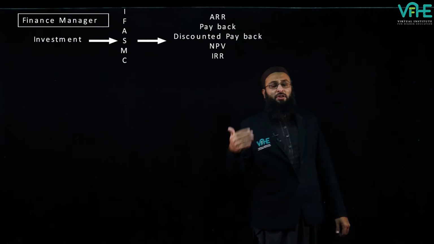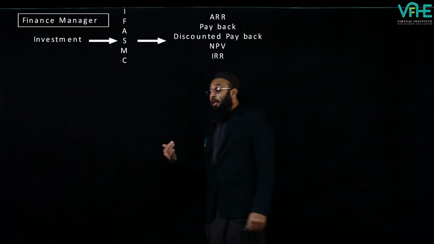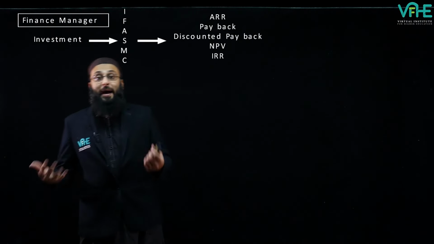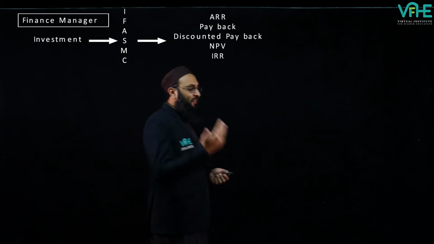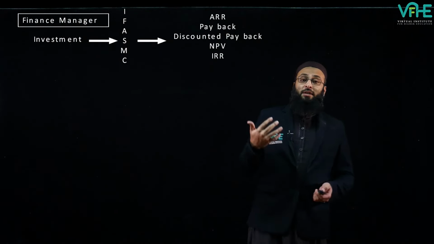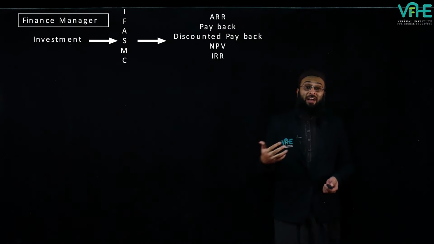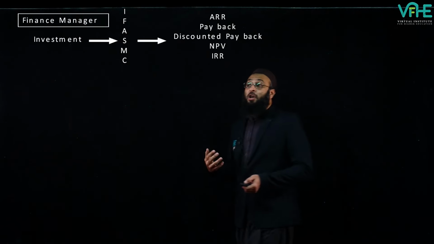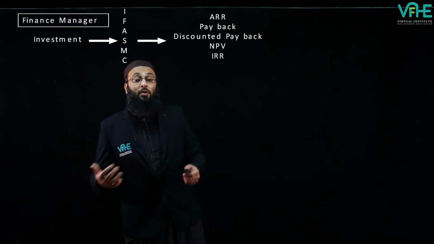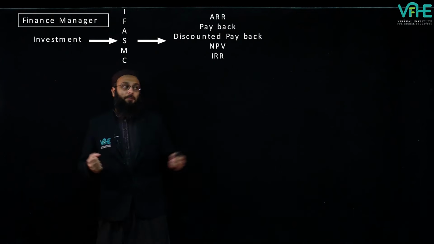The other advantages remain the same as simple payback. But the additional drawback is that, because it uses discounted cash flow, you need to have cost of capital in place. So cost of capital is an estimate which may be wrong.